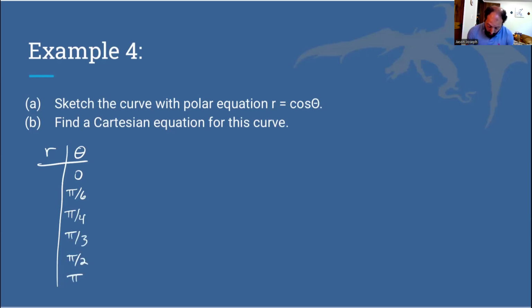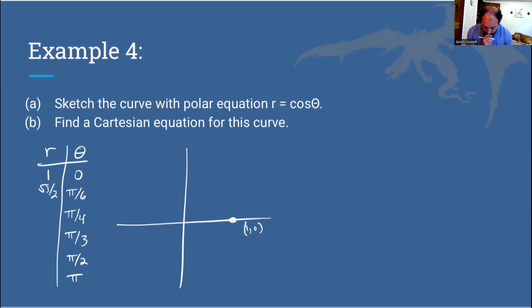So cosine of 0 is 1, so that means I'm starting off at the point 1, 0, which, funnily enough, has the same coordinates in polar as in Cartesian coordinates. Cosine of pi over 6 is root 3 over 2.